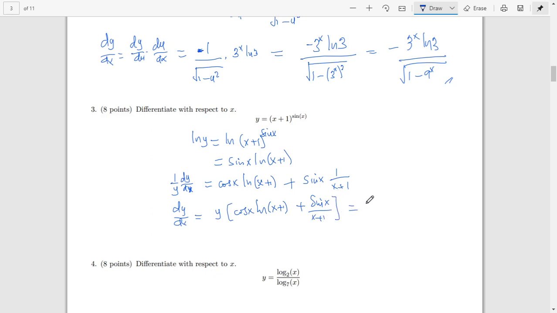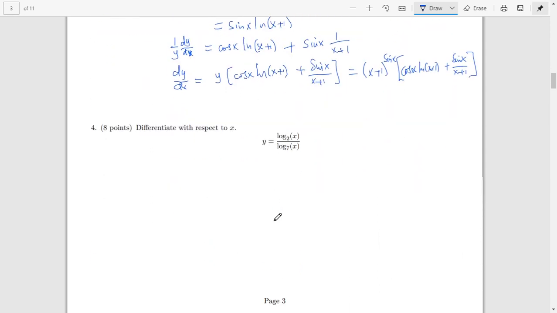My y was (x plus 1) to the power of sine x. So I'm going to have (x plus 1) to the power of sine x, then multiply by this whole thing inside the brackets: cosine of x ln of (x plus 1), and then plus sine x over x plus 1. And this becomes the derivative of this function with respect to x.